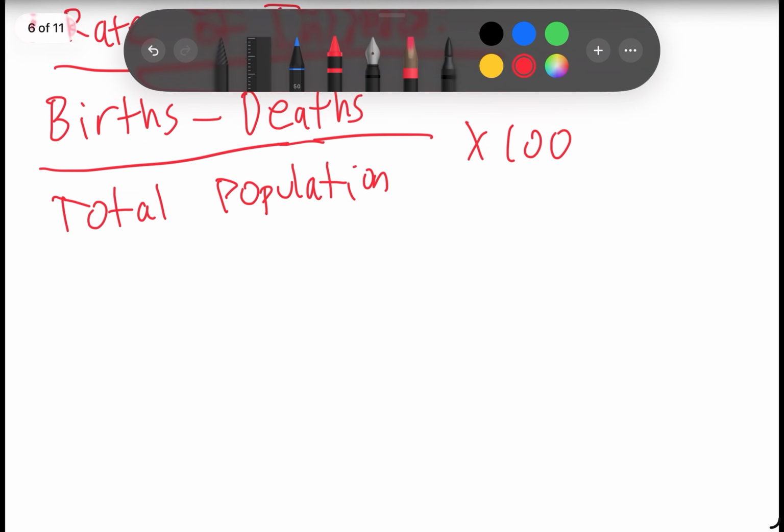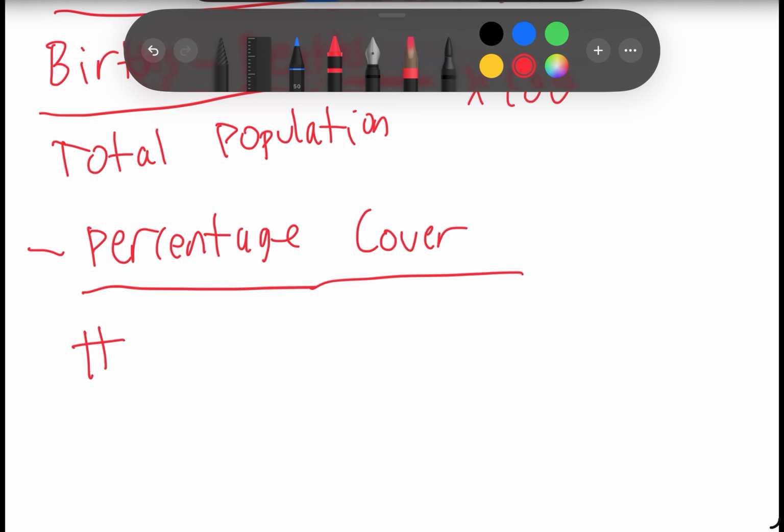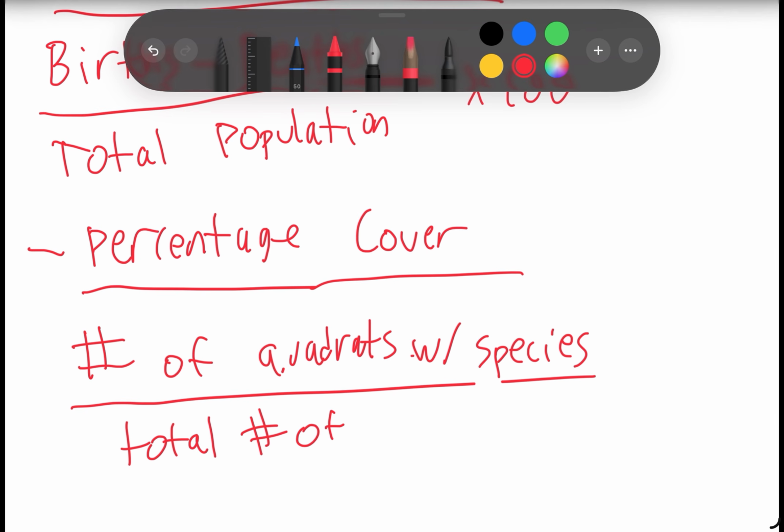And then percentage cover, which is the number of quadrats with species in it divided by the total number of quadrats.